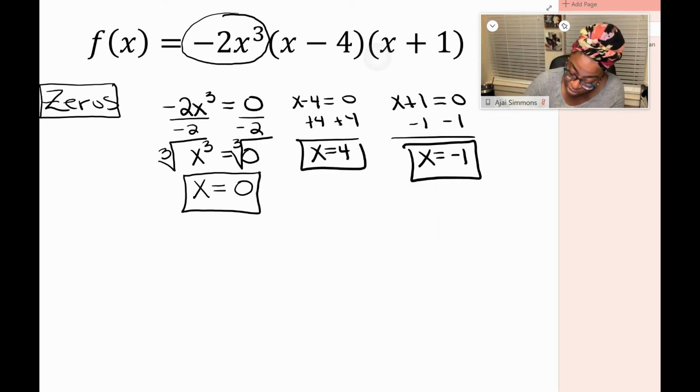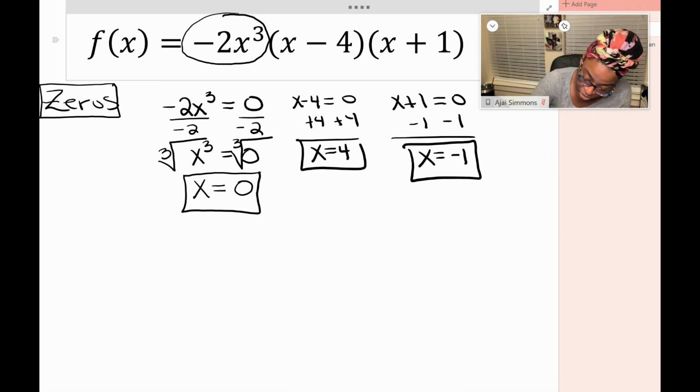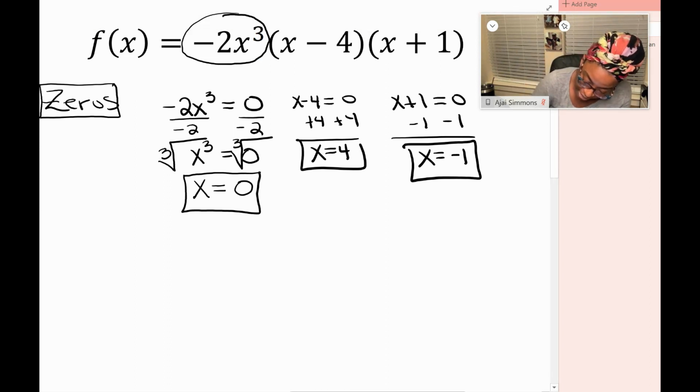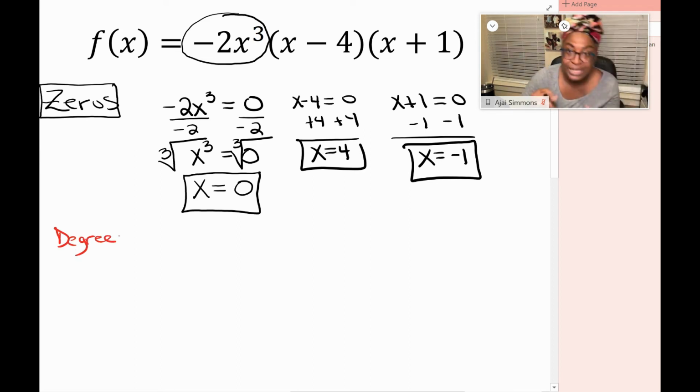So now let's talk about the degree. Let's do the degree in red. Okay, the degree is adding up all the exponents, right? So the first one has an exponent of 3. Even that monomial, I have to take the power of the monomial too, if it has a variable in it. So this one does, the exponent is 3. And then here, there's something you just can't see. It's a 1.